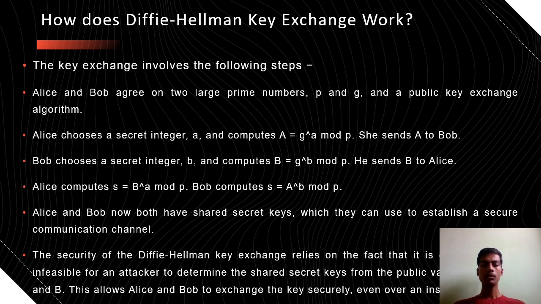The security of the Diffie-Hellman key exchange relies on the fact that it is infeasible for attackers to determine the shared secret key from the public values such as P, G, A, and B. This allows Alice and Bob to exchange keys securely even over an insecure channel.